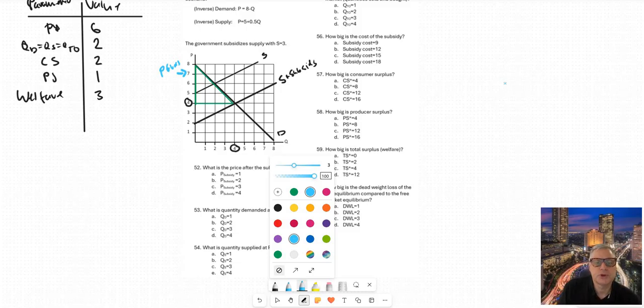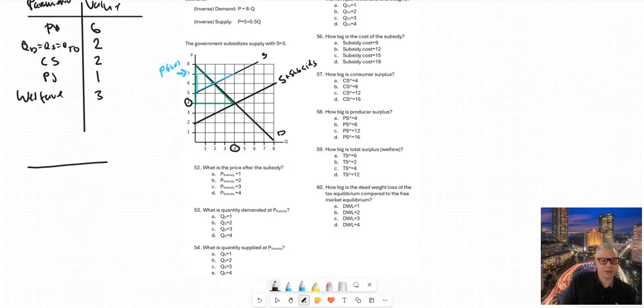Well, because the producers get 7, and this is the cost that they face, we can draw producer surplus in this triangle, and you see there's some overlap with the consumer surplus.